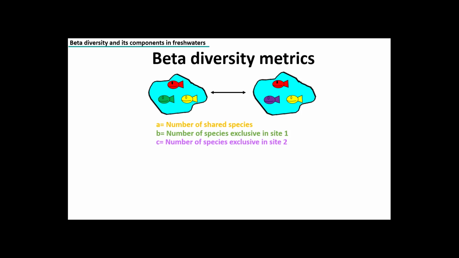So the number of shared species is 2. Now, what is the number of species unique to the first lake? Well, the number of species unique to the first lake is only 1, because it's the green species. Finally, the number of species unique to the second lake is also 1. Only the purple species is unique to the second lake.